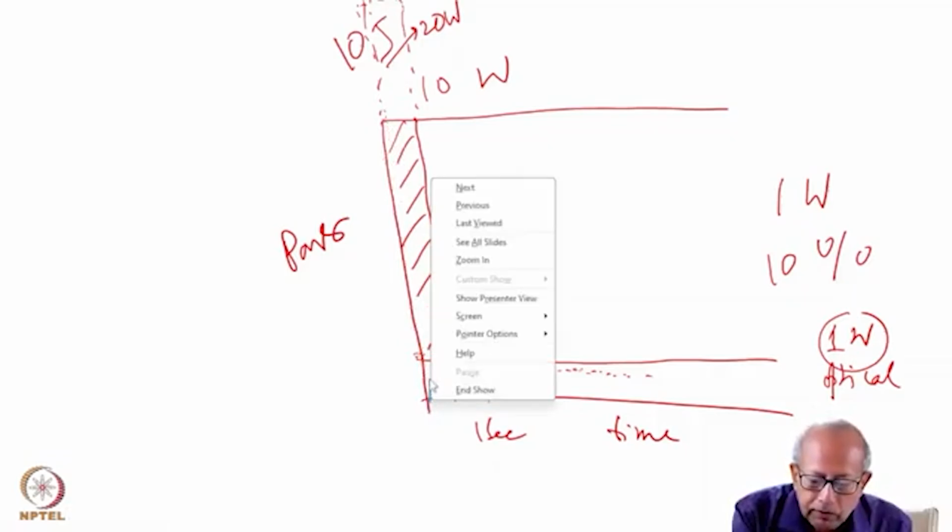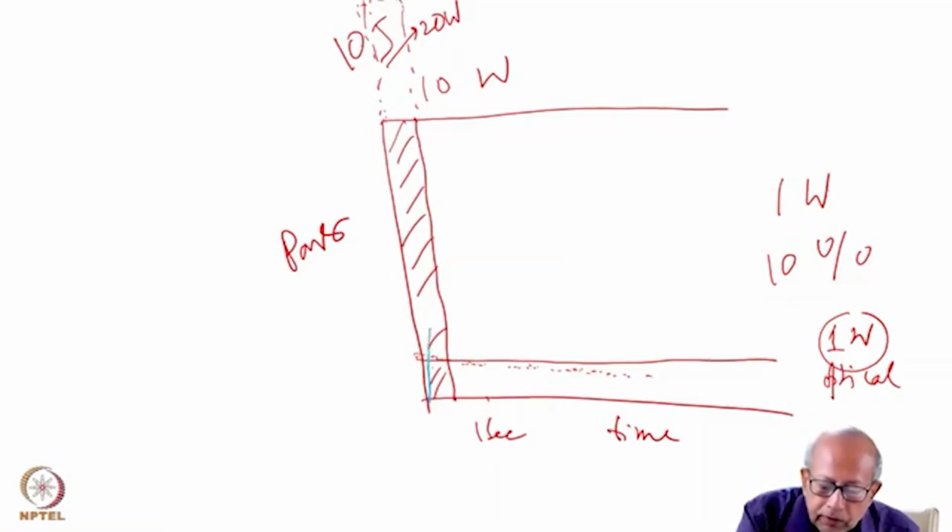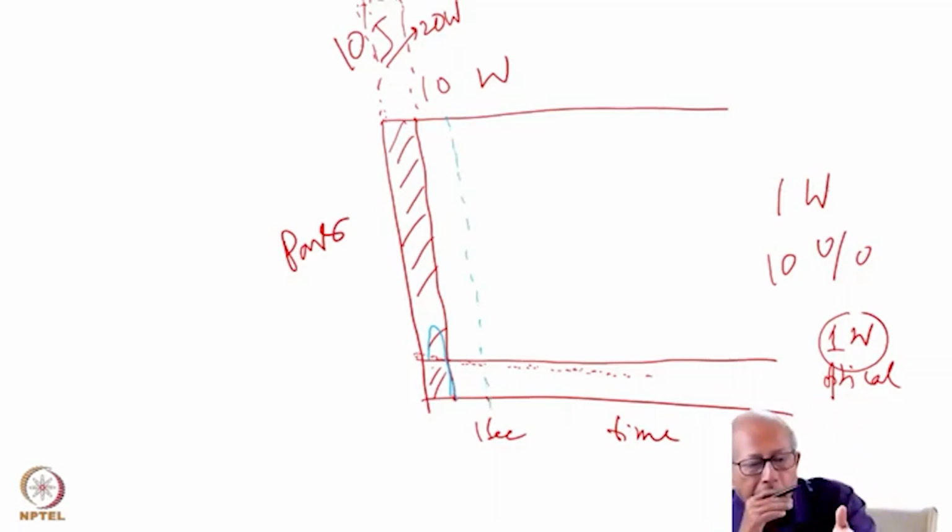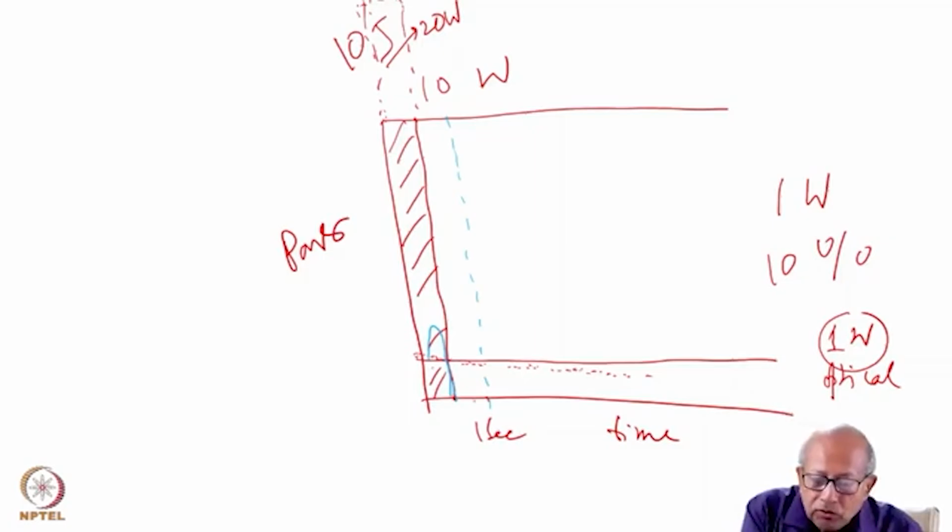This is the laser output. Now for the next half second, you don't put any energy. So the temperature that has increased will be allowed to thermalize so that it comes to ambient condition at this point.